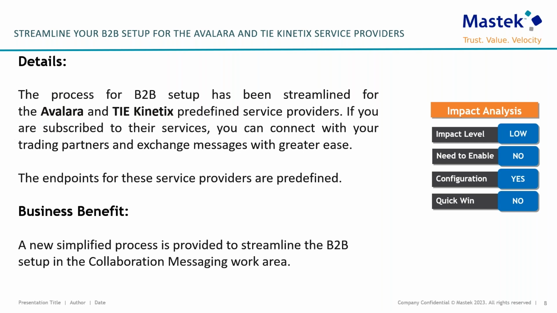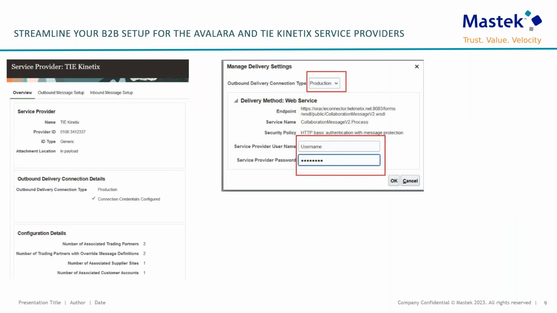The business benefit for this feature is that there will be a new simplified process provided to streamline the B2B setup in the collaboration messaging work area. So what do we need to do? These are the configuration changes that we need to do in the system.